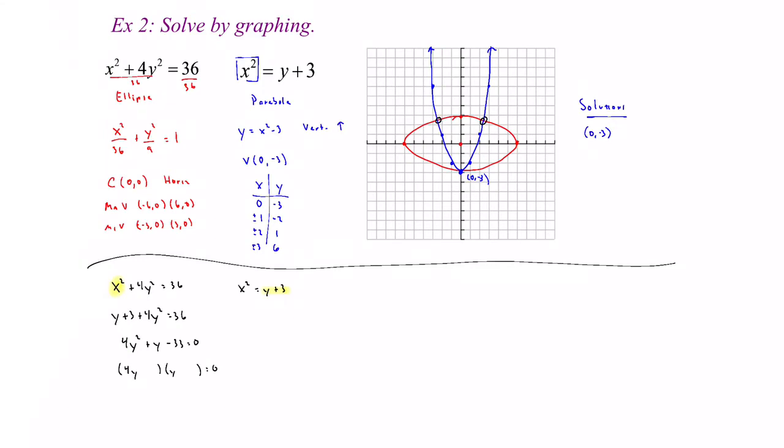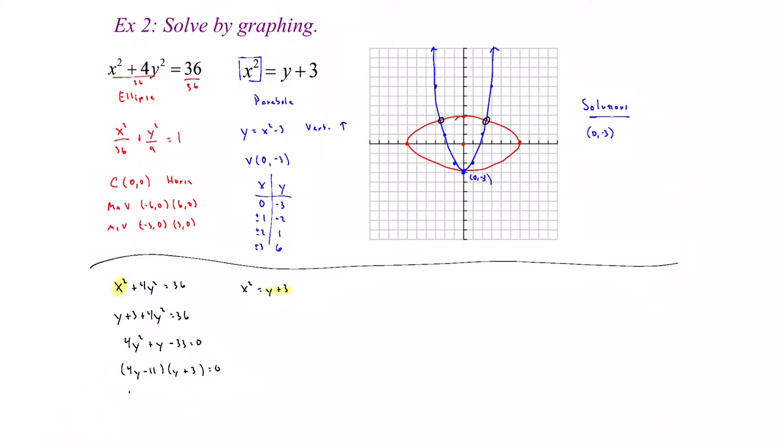So we'll get 4y minus 11, and then y plus 3, and you can double check that. You will get plus y as your middle term. So we'll set these equal to 0. And then that will give us 2 of our solutions. So y is equal to 11 fourths, and y is equal to negative 3.